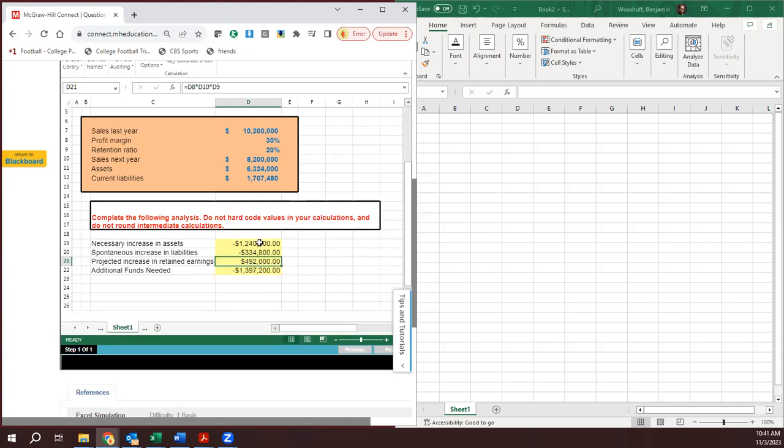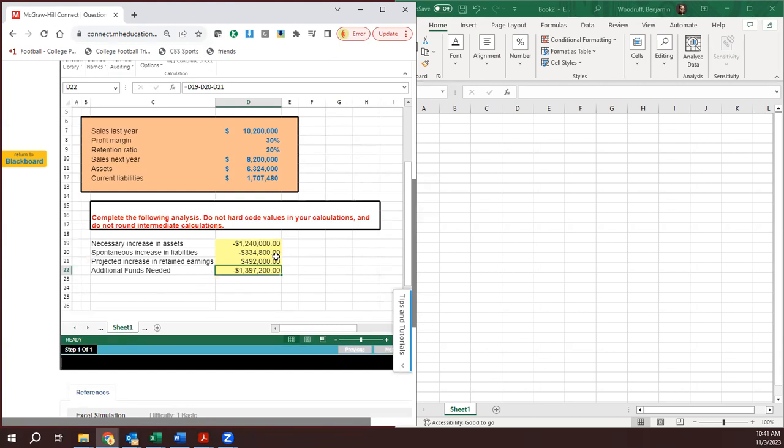Okay, so given that my assets are going down, my liabilities are going down, and I retain earnings, what's my initial funds needed? This is going to be like funds released, basically, in our case, because it's negative. But we simply say, how much do I have to pay for assets, and then minus whatever my increase in liabilities to offset that. So I'm going to increase in some sort of short-term debt, which is current liabilities.